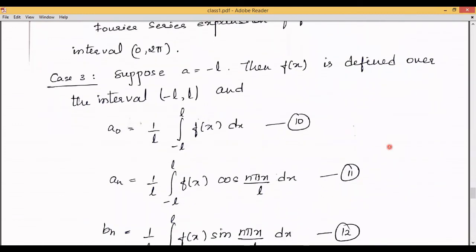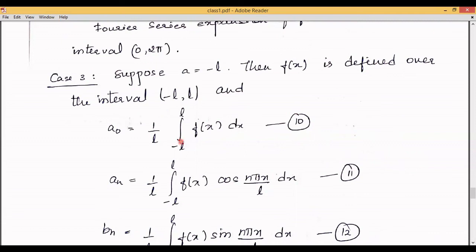So we'll move on to the third case. Suppose a is equal to minus l. Then f of x is defined over the interval minus l to l. And a naught here is equal to 1 by l into integral minus l to l f of x dx. Second one, an is equal to 1 by l integral minus l to l f of x cos n pi x by l dx.